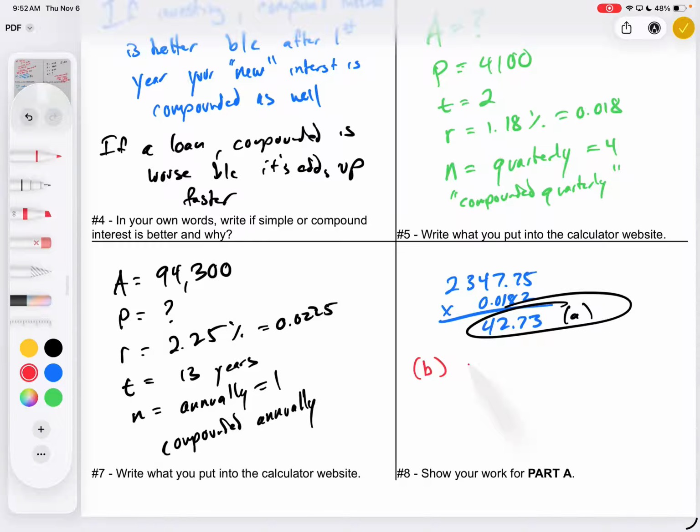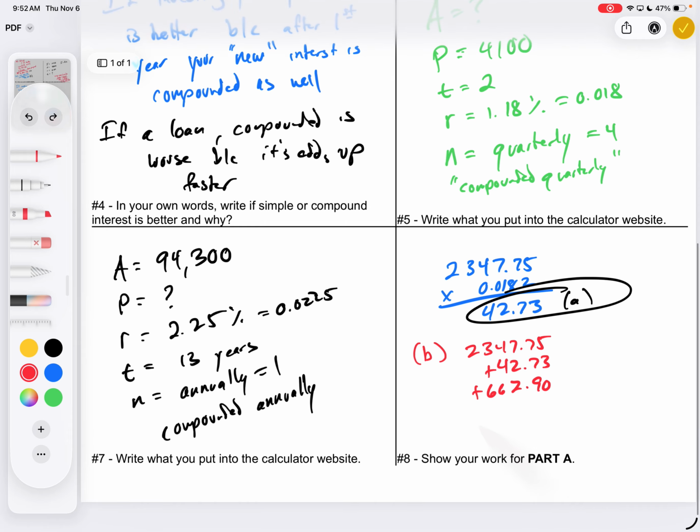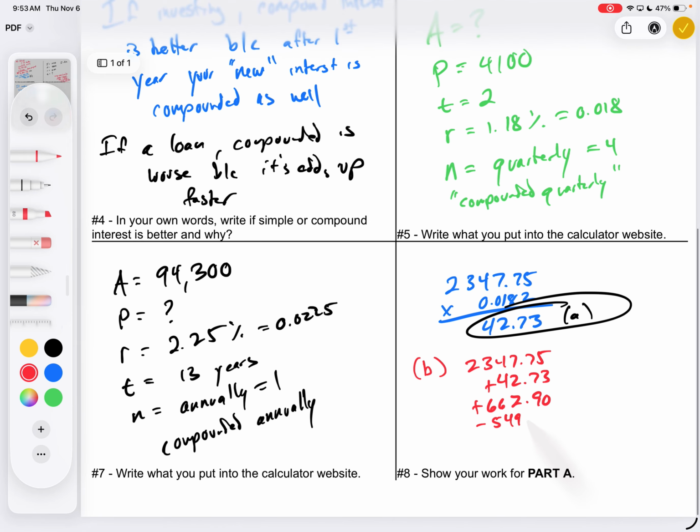Part B says, what is your ending balance at the end of March? Well, if it was $2347.75, and then I got added $42 interest, and then I made $662.96 in purchases, but then I also made a payment of $549.29.